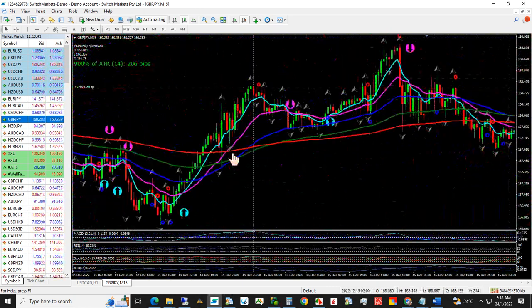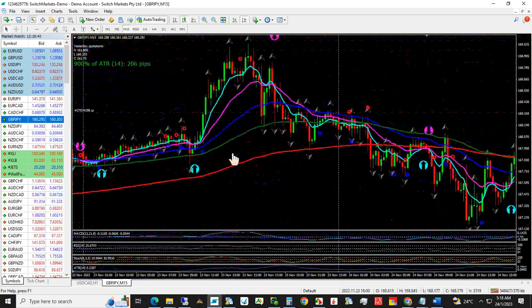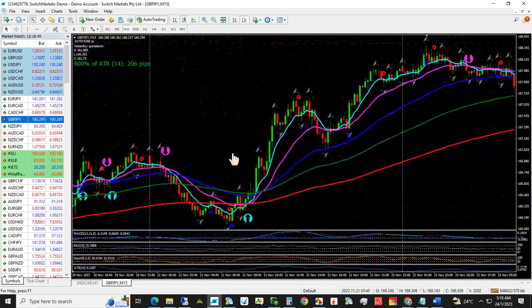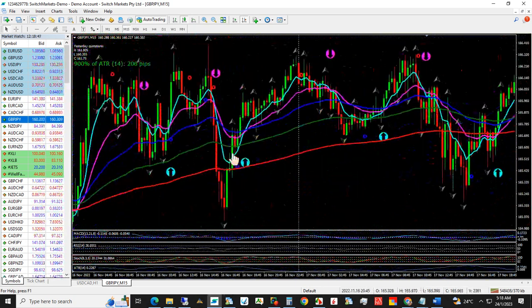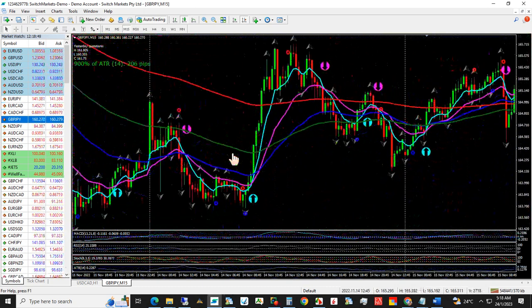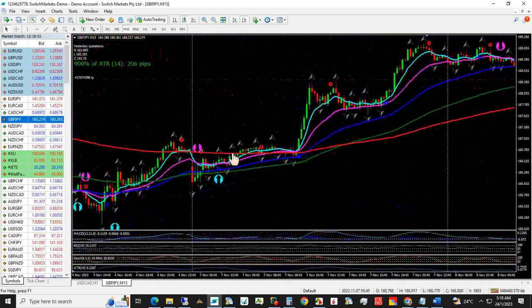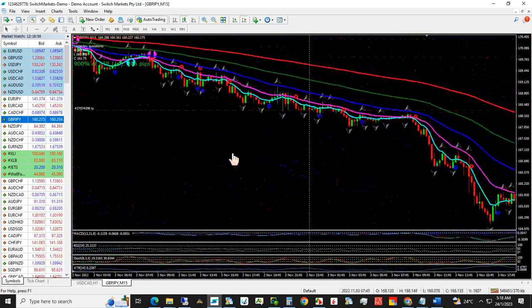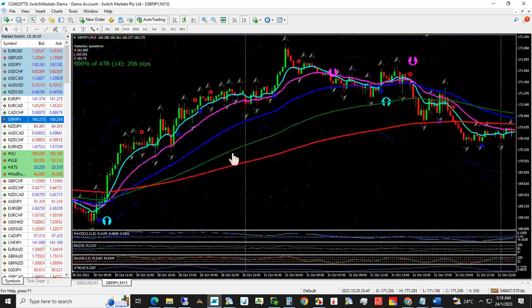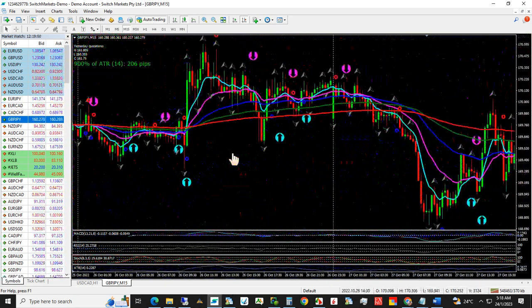Now, normally though, I don't like to take trades going back way down to the 15 minutes, especially when I realize that there's a potential for a reversal in the direction of the primary trend. So what I would prefer is to take it as a short-term trade.